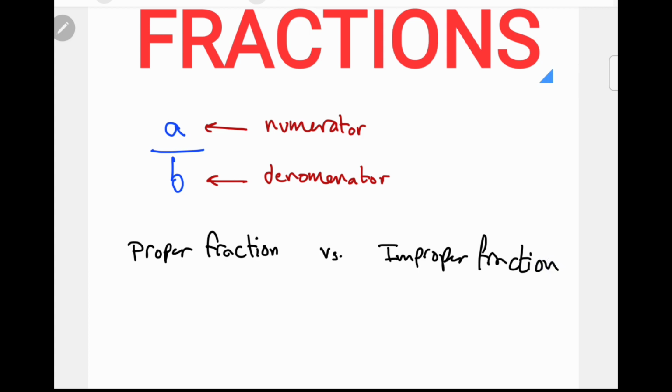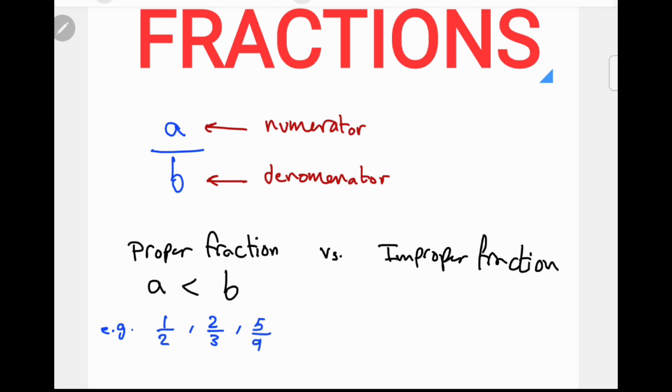For a fraction to be called proper, the value a in the numerator must be less than the value of the denominator. So for example, we have 1 over 2, 2 over 3, 5 over 9.